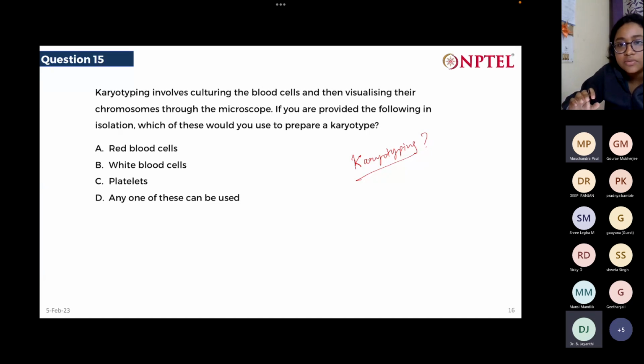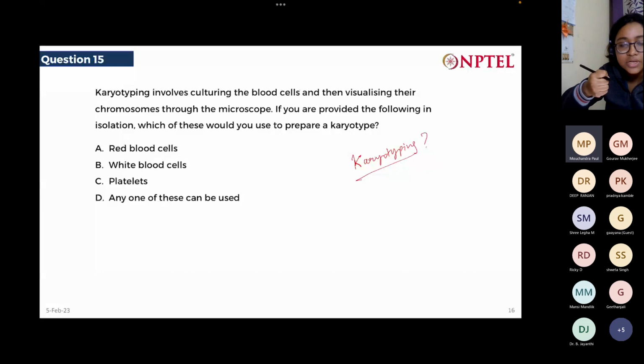Arrangement of chromosomes based on size and shape. Correct, you are correct. So we are trying to see the size and shape of the chromosomes present inside a cell. For doing that, we first have to collect cells from the body, any type of somatic cell.